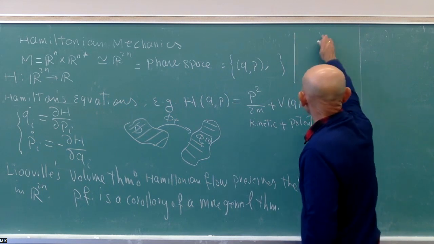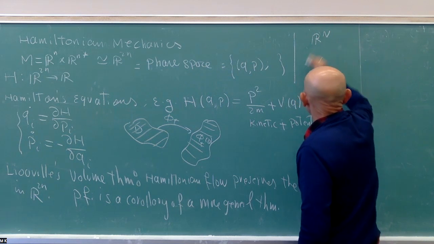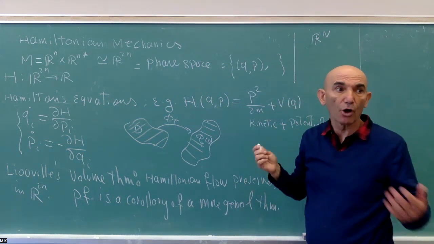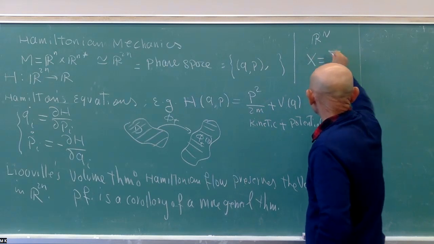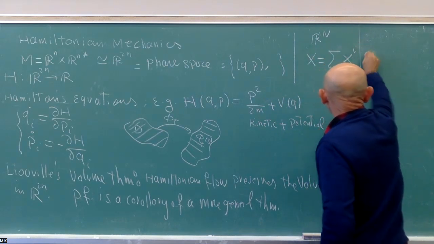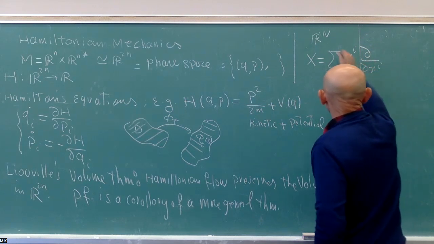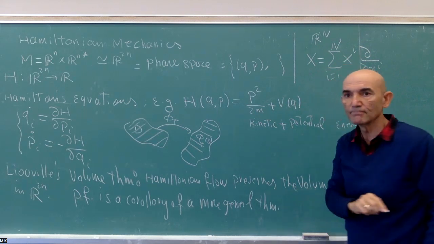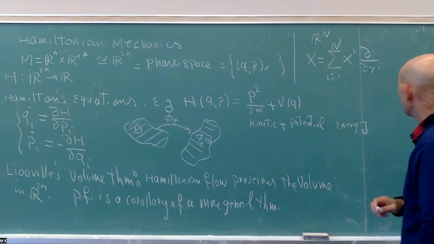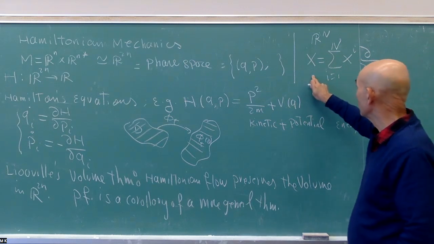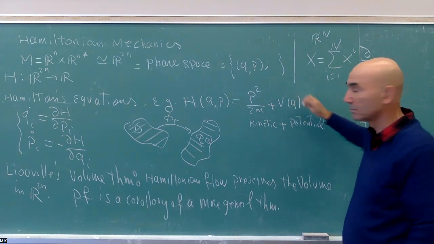So what's the situation? We look at this space R^n, and imagine you have a vector field on R^n. We just write a vector field as X equals X_i, i from 1 to n. To this vector field, we can attach a function which we call its divergence.